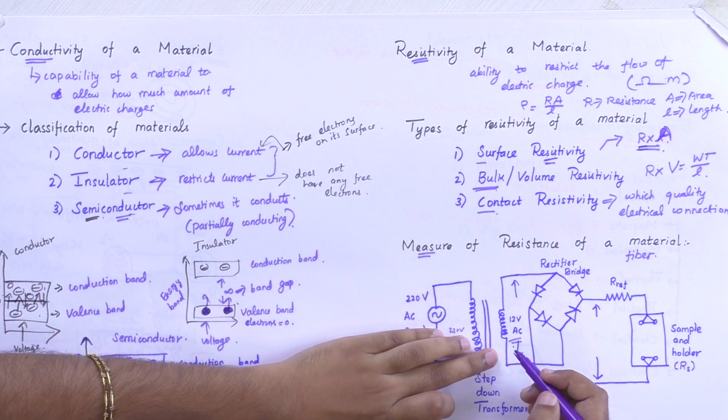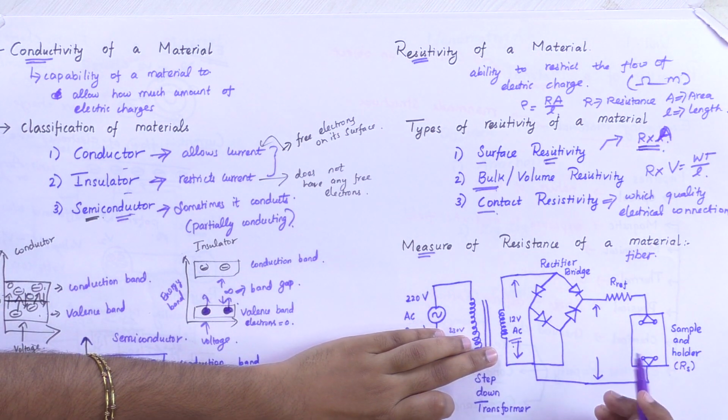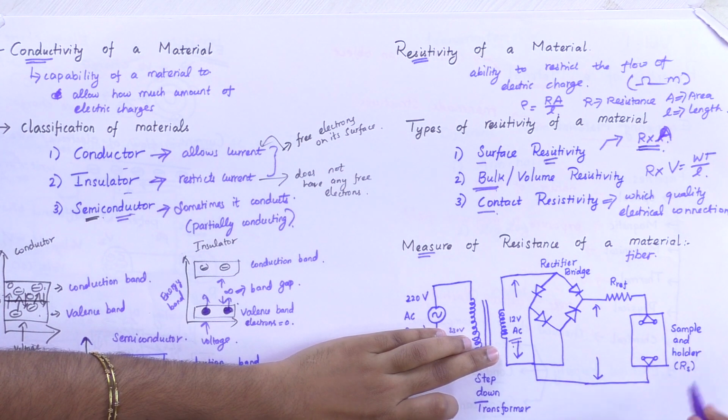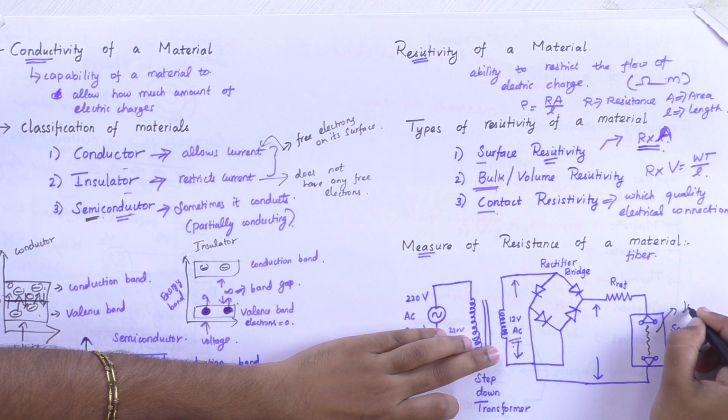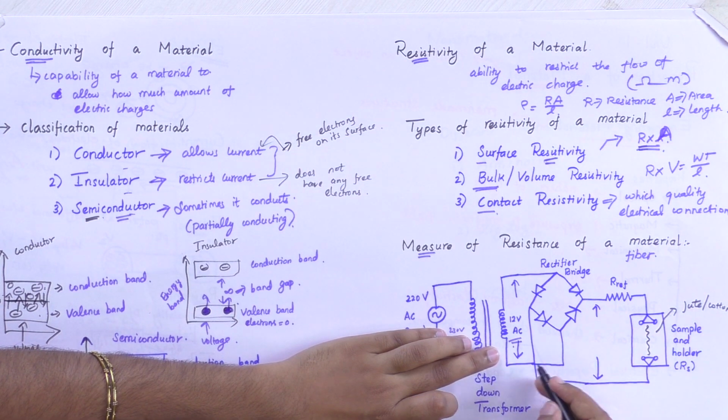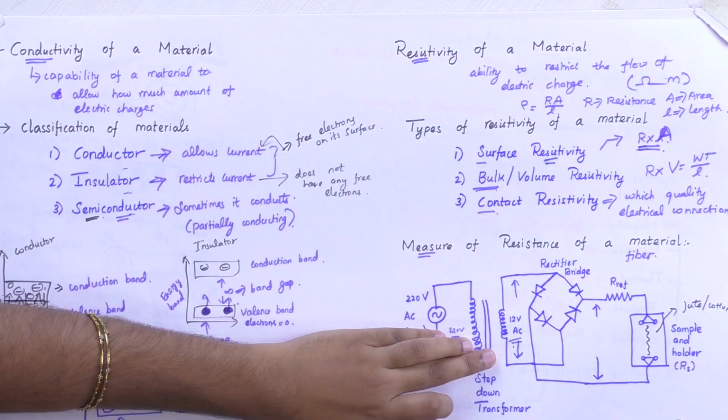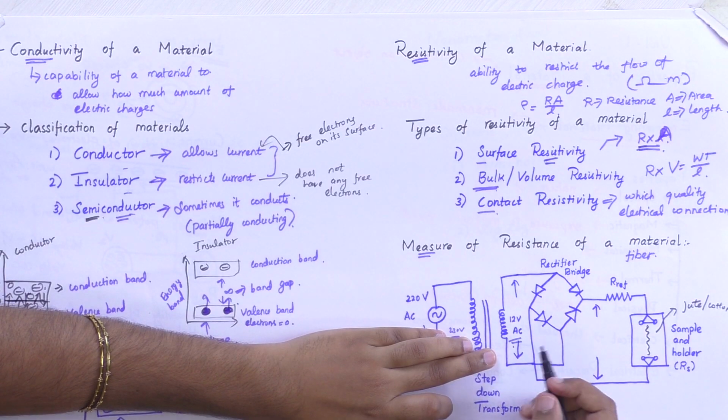We can't give the AC supply directly to the material. Let us take this as jute or cotton. If I apply 230 volt to the fiber material, what happens? The fiber material will burn because it is a very thin material. So we have to convert that into DC volt.